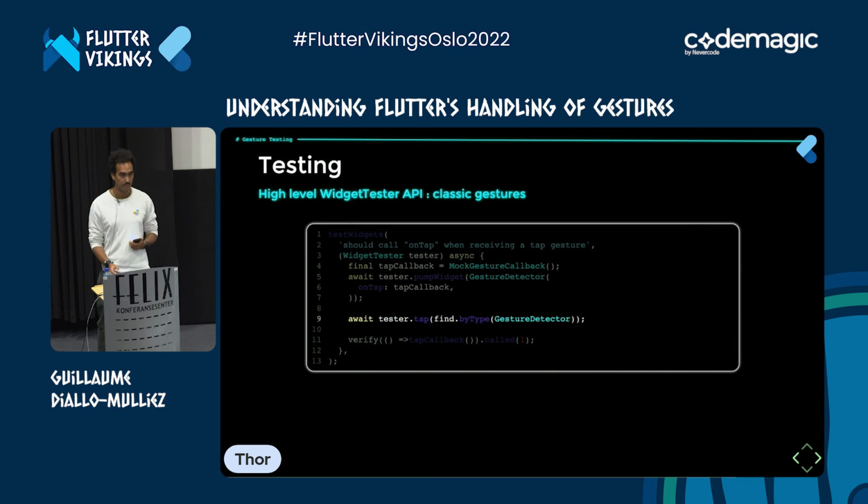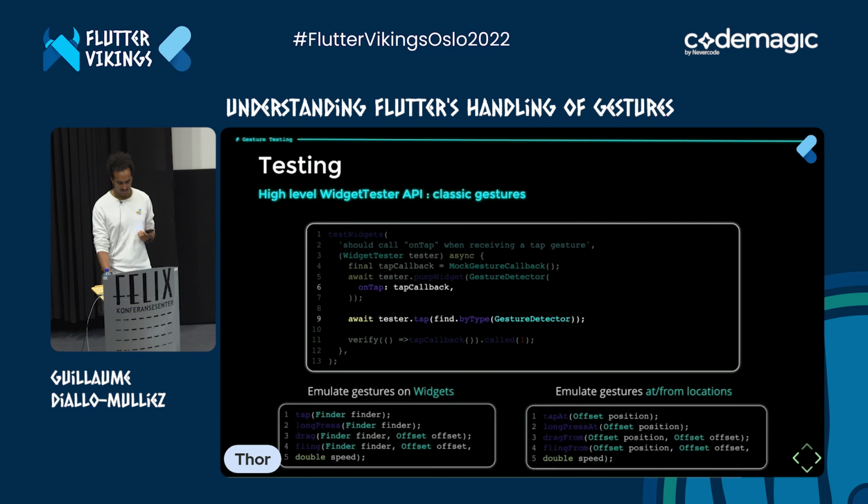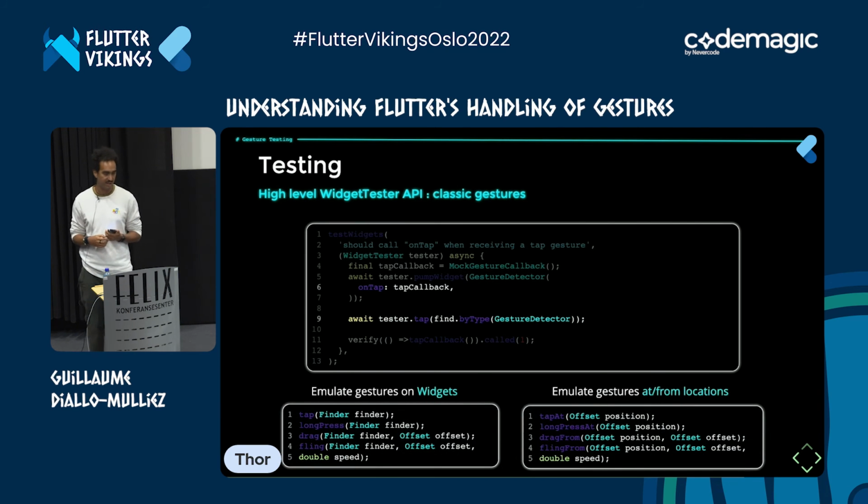And then you can call on the tester, the widget tester, the tap method, pass it the finder to find the widget you want to tap on, and then you verify that your callback has been called once, as expected.